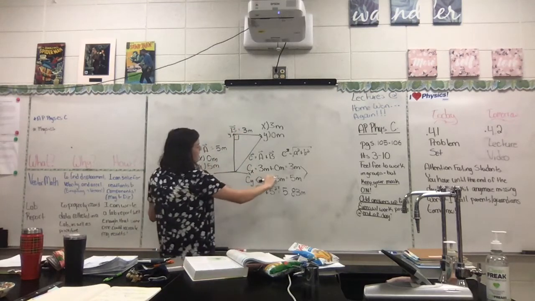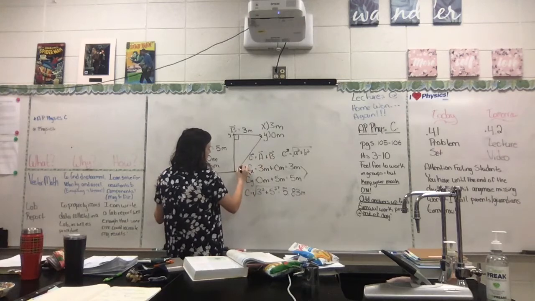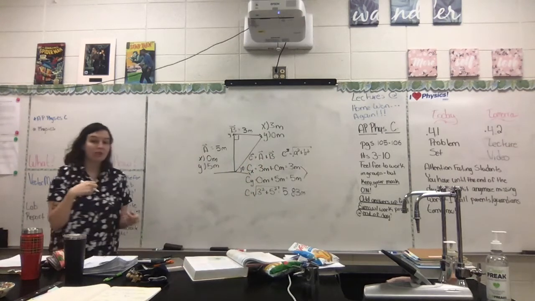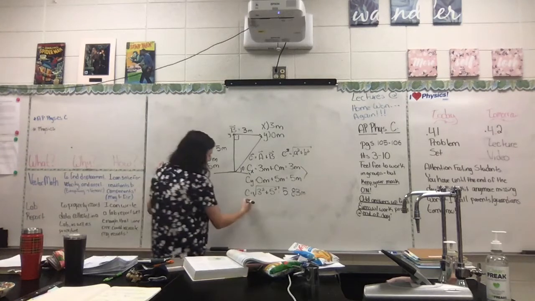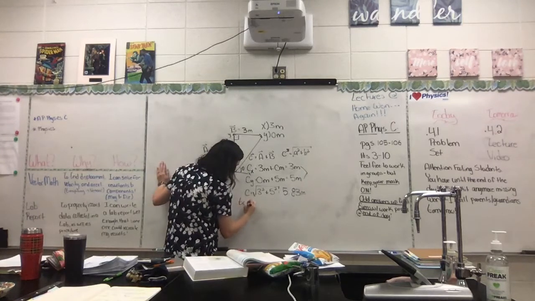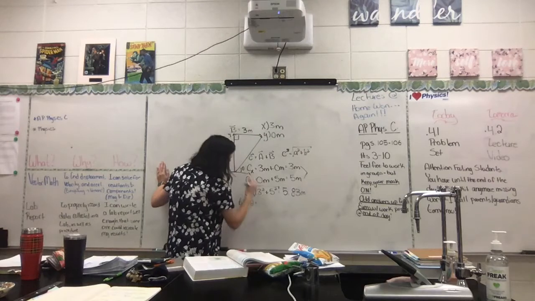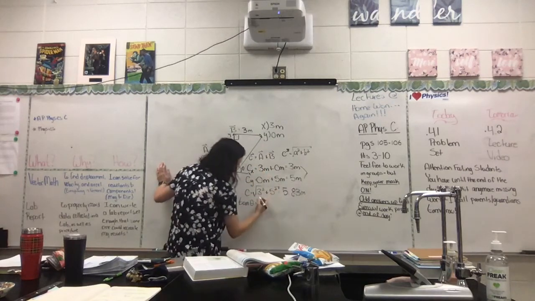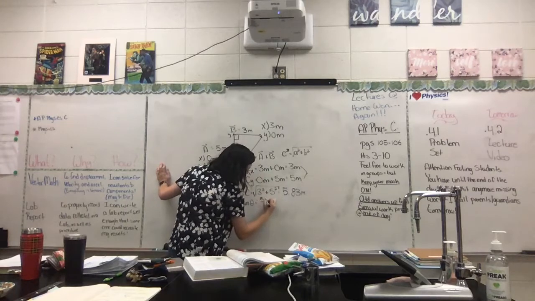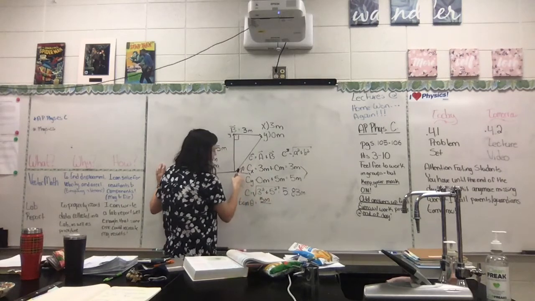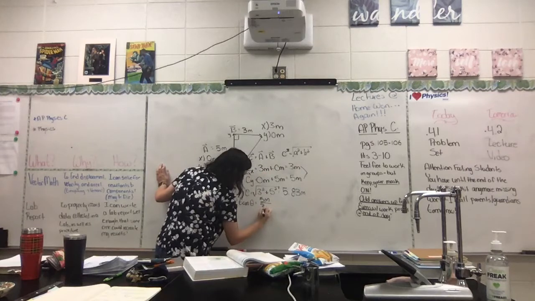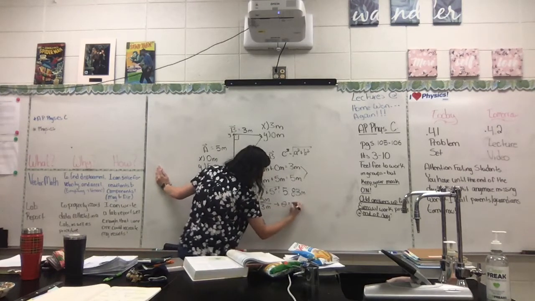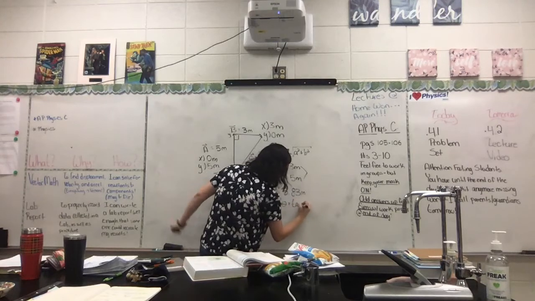Now, we already know what the x and y components of this are, and if we're solving for theta, that means we can do what we did previously, where we said that the tangent of theta is equal to the opposite, which would be the y, which we know is 5 meters, over the adjacent, which would be the x, which is 3 meters.